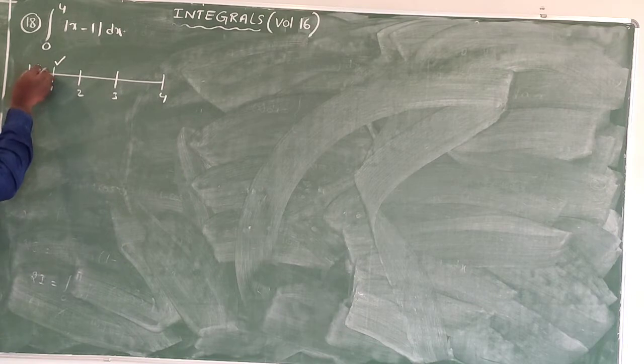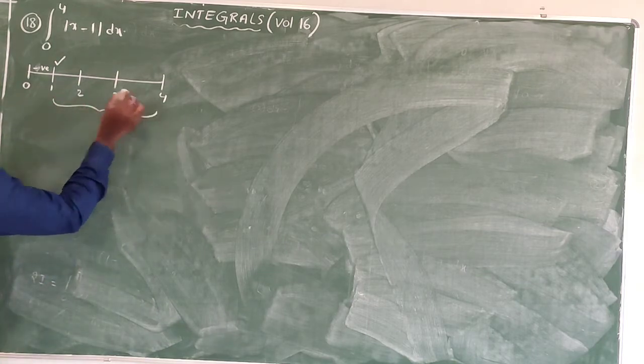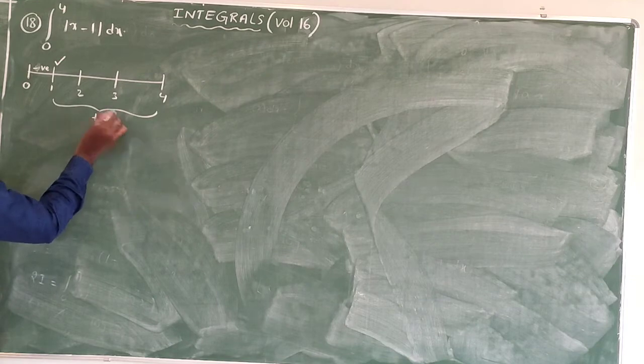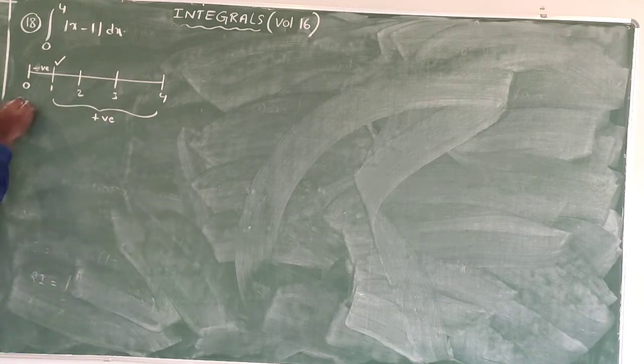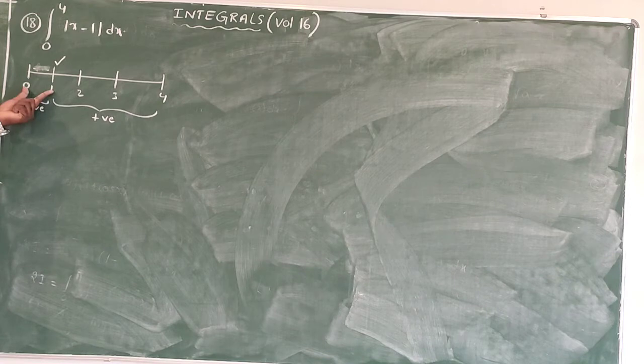Take any value between 0 and 1, you will get negative. After 1, take any value, that is positive. Understood? Why? Because if you take 0.5 and substitute here, 0.5 minus 1 is negative.